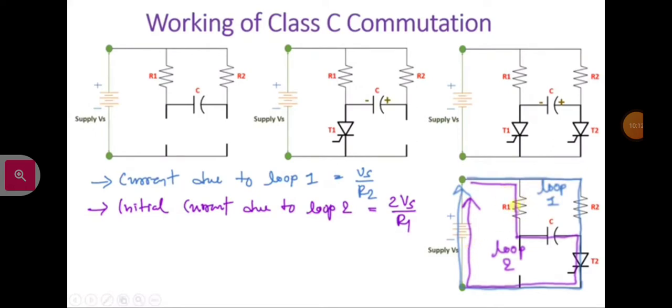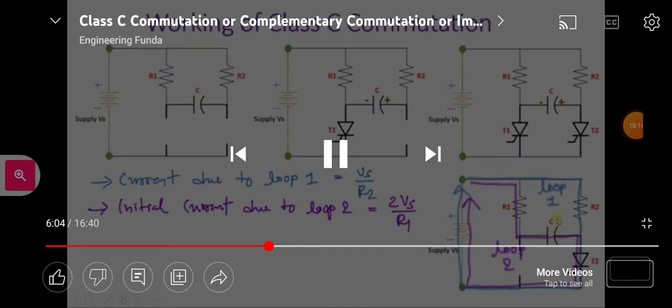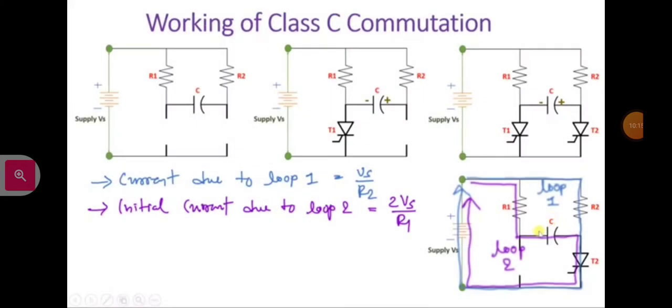The voltage across the capacitor will now change polarity to plus minus, and this capacitor will get charged from plus Vs to minus Vs. Once this capacitor C charges from plus Vs to minus Vs, current in the loop Vs to R1 to C to T2 will get to 0. After that, current will pass only in the loop Vs to R2 to T2.